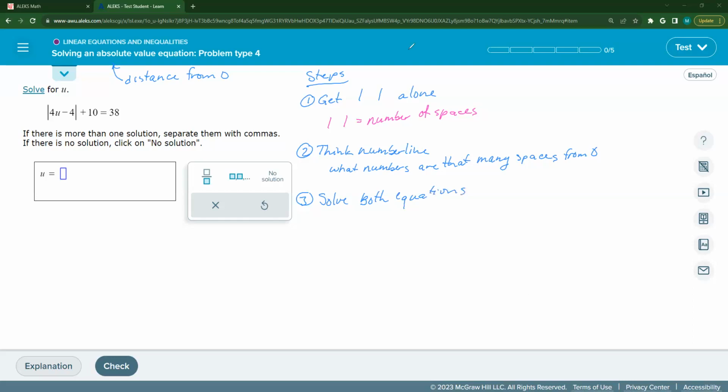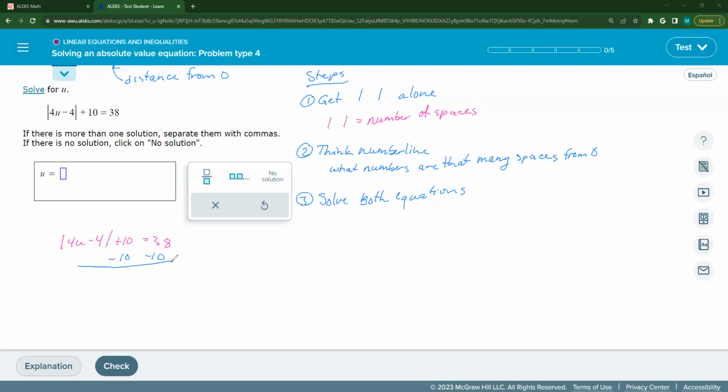All right, so when we're solving this one, we have the absolute value of 4u minus 4 plus 10 equals 38. First thing that I need to do is get the absolute value by itself, so we're going to subtract 10 from both sides.